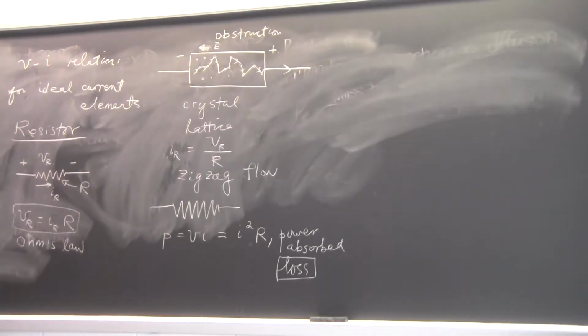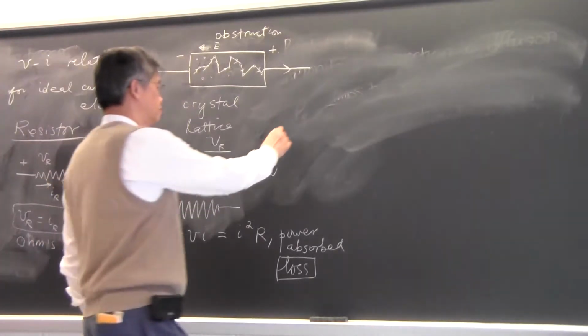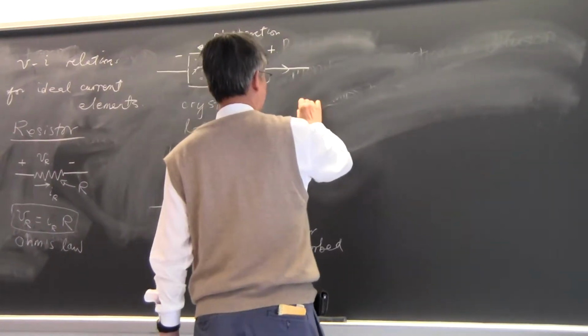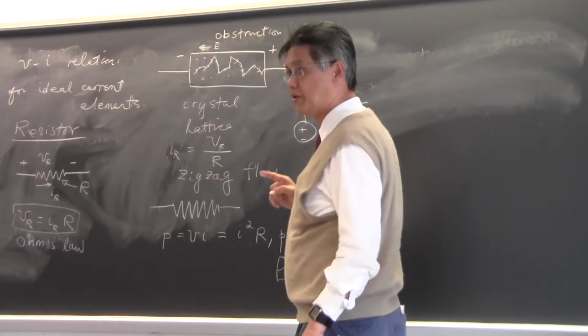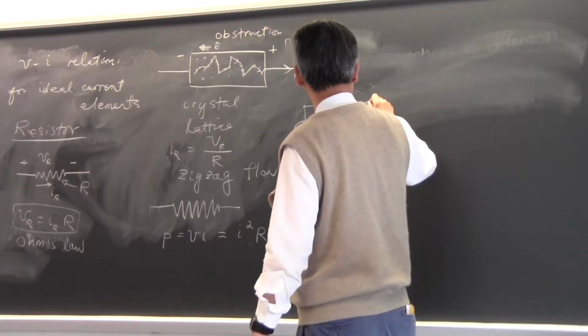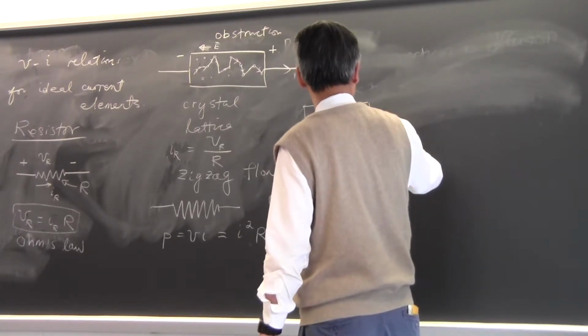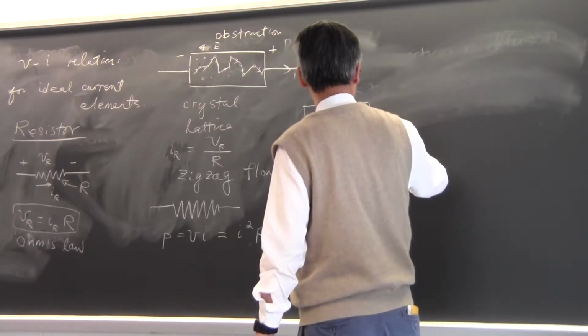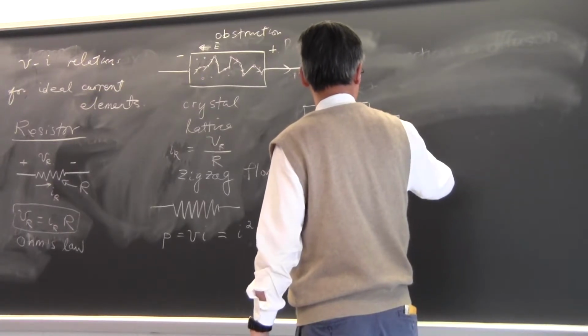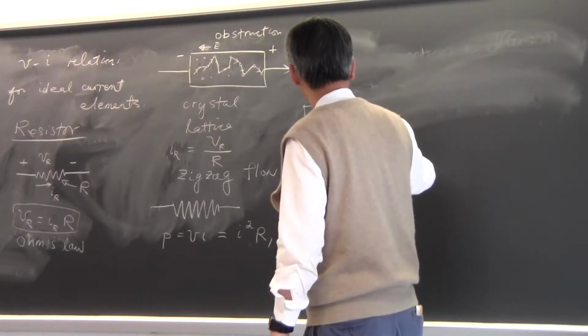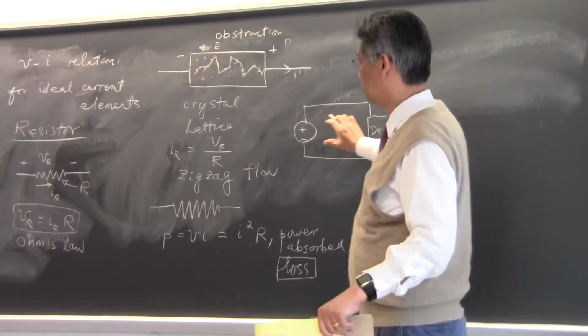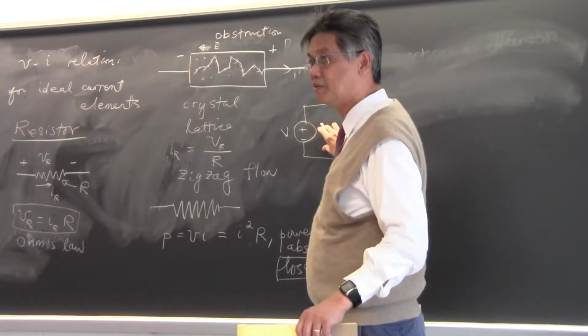But sometimes you need them. You need them to give you the proper voltage drop across another device that you're using. For instance, if you have a voltage source here, and if this voltage source is too high, and you connect it directly to your device, your device may not be able to withstand the voltage of this voltage source.